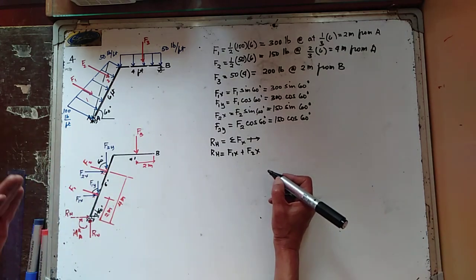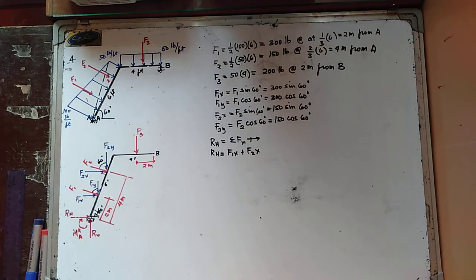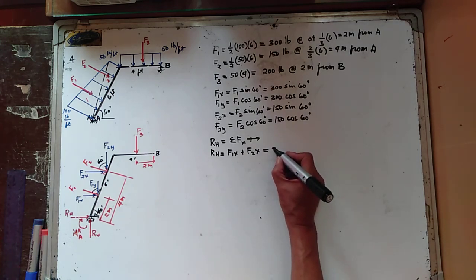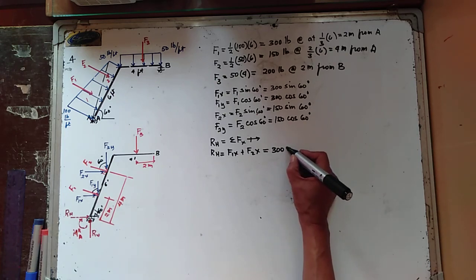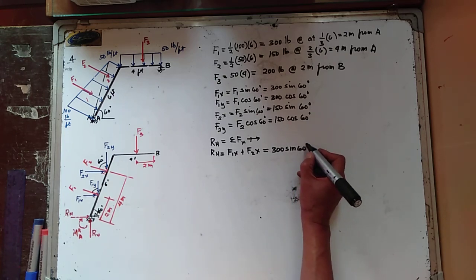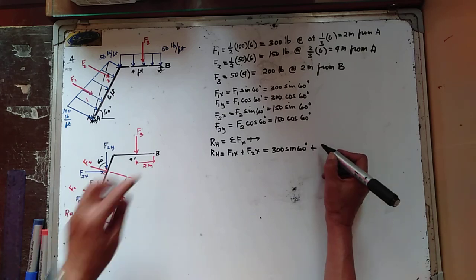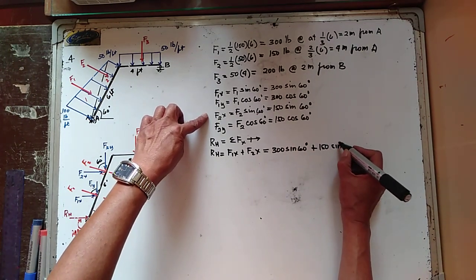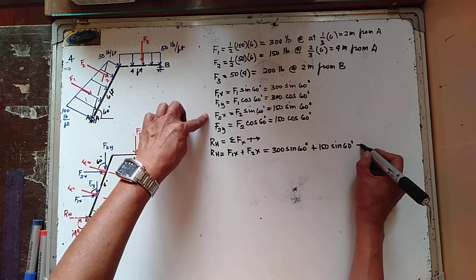F3 has no component in the direction of x because it is directed vertically. So your RH is now equal to F1x, 300 sine of 60 degrees, plus F2x, 150 sine of 60 degrees.